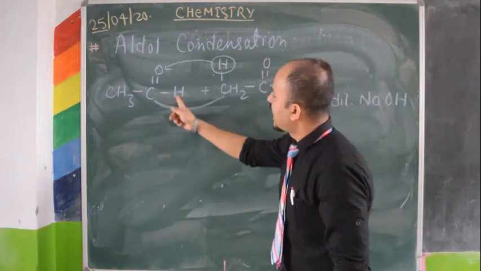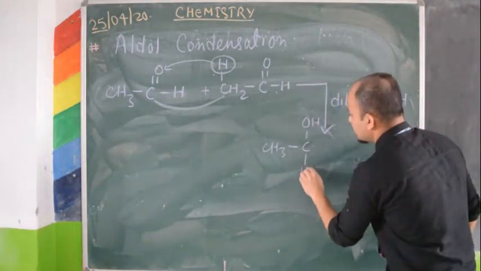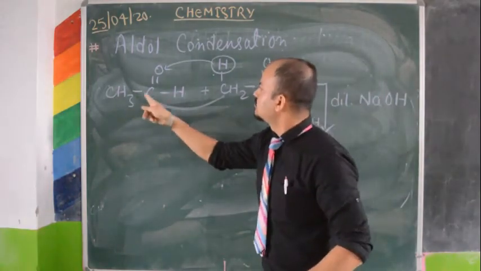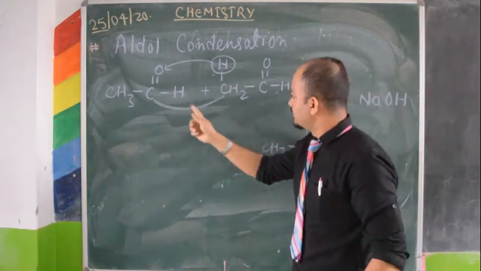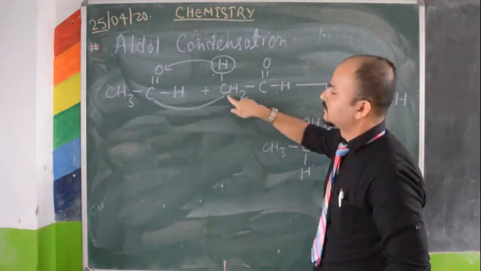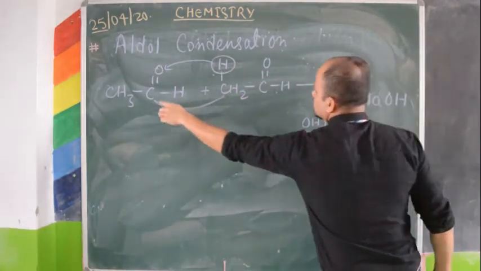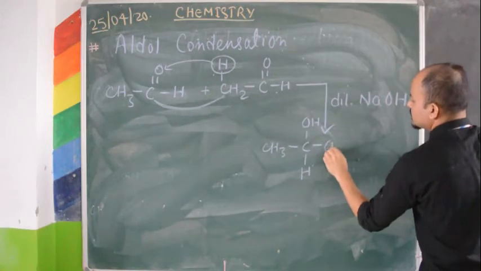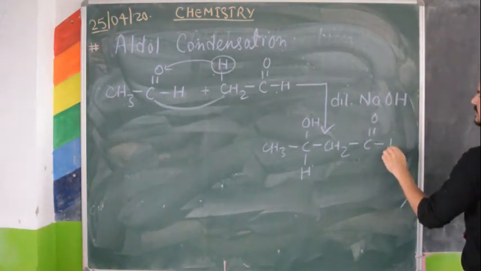Now this hydrogen, instead of writing here, I'm writing it below, so that I can write this carbon chain in a straight chain itself. So this hydrogen is over here. Now this carbon gets bonded with this carbon. Okay? Look at it. So this carbon is bonded with this carbon, CH2, C double bond O, H.